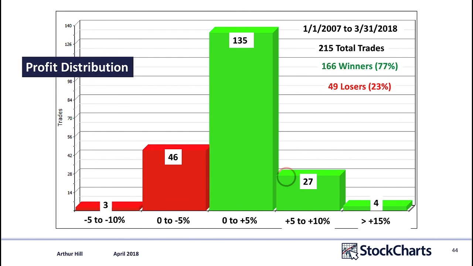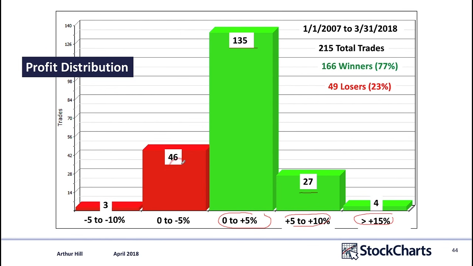So here's a distribution of the trades, and we can see that the bulk of the trades are in the 0 to 5% area here. 135 of 215 winning trades. We can see we had 27 trades that were profitable in the 5 to 10% area, and 4 were greater than 15%.